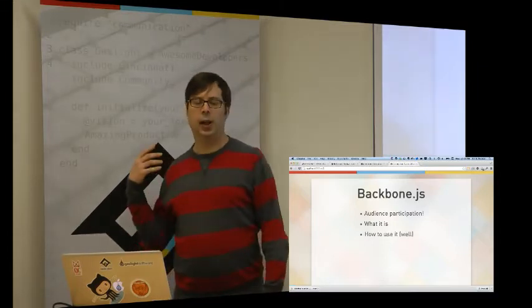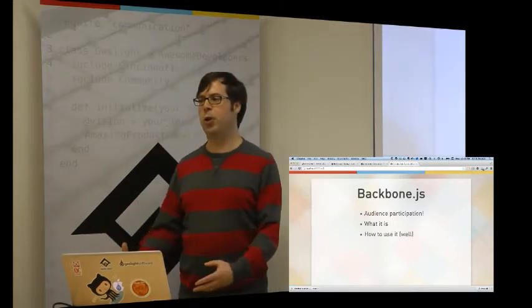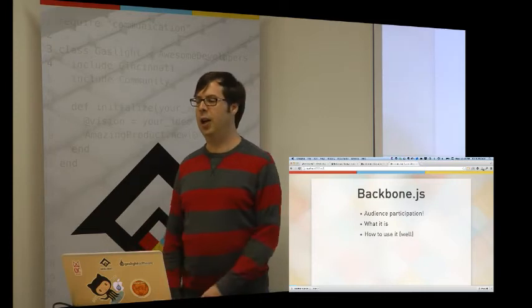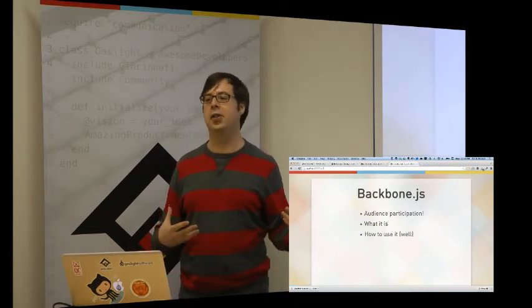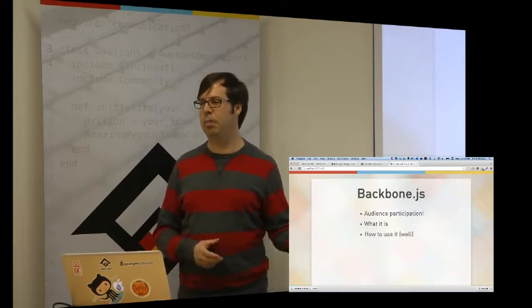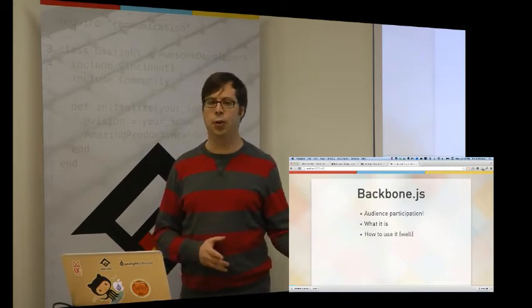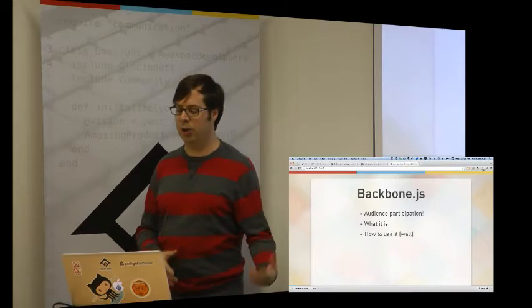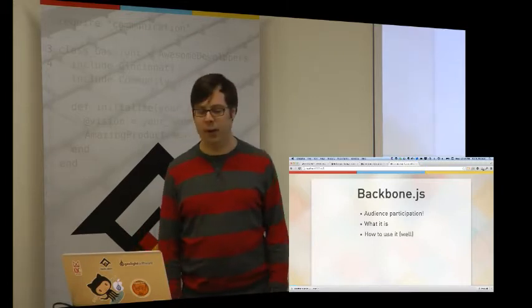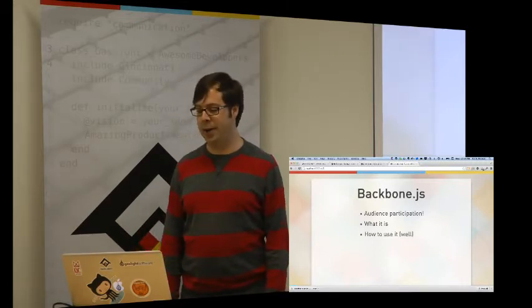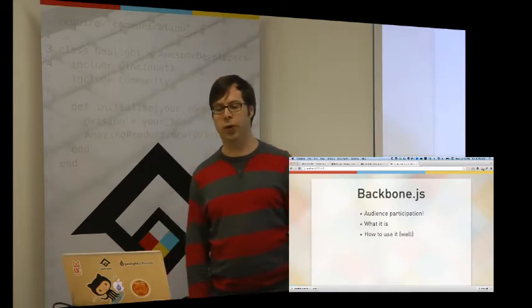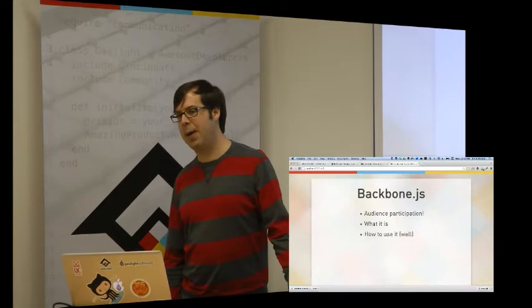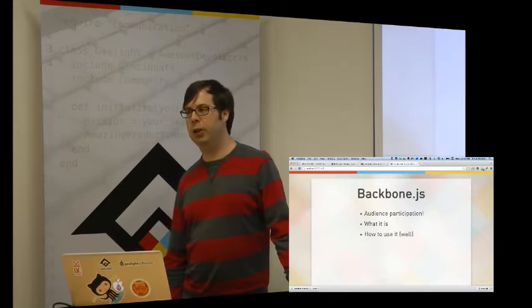But as web apps have gotten richer and richer on the client side, it really became time to think about how to organize our client-side JavaScript code better. That led to client-side MVC frameworks. Backbone is one, and it's been a great tool for us as we've developed these apps. The really nice thing about Backbone is that it's really lightweight.